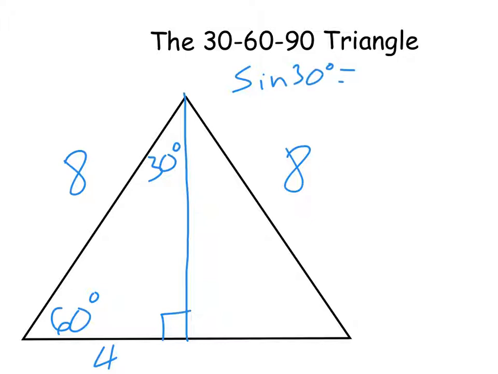Let's look at the sine of 30 degrees, which again from our study of the unit circle, we know is a half. But here I made the side lengths of this equilateral triangle 8 times as long. But notice what happens: my opposite side has a length of 4. The hypotenuse has a length of 8.